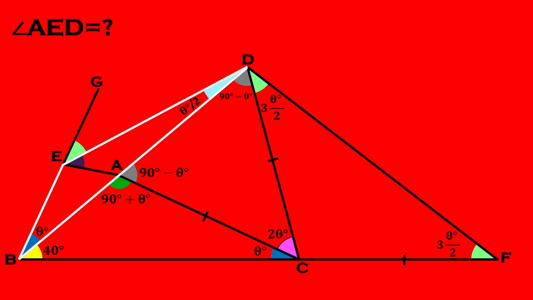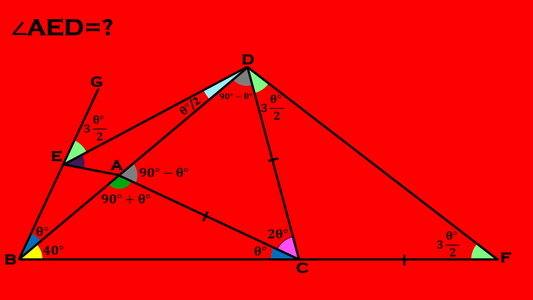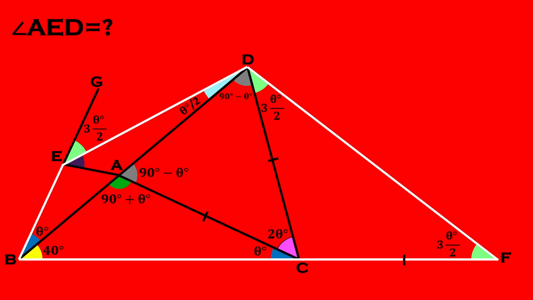From that, we conclude that GED is equal to 3/2 of theta. Now, focusing on this white quadrilateral, angle GED is an external angle of this quadrilateral, and it's equal to the opposite interior angle. Therefore, this quadrilateral is cyclic.